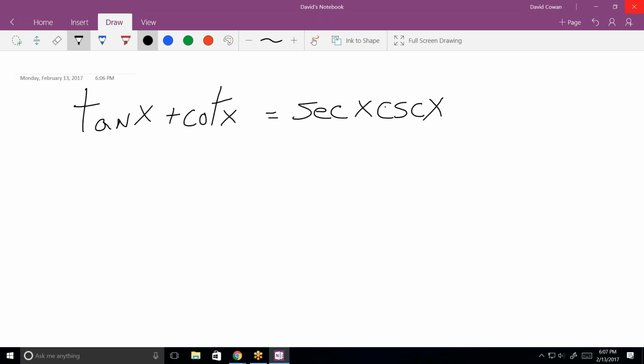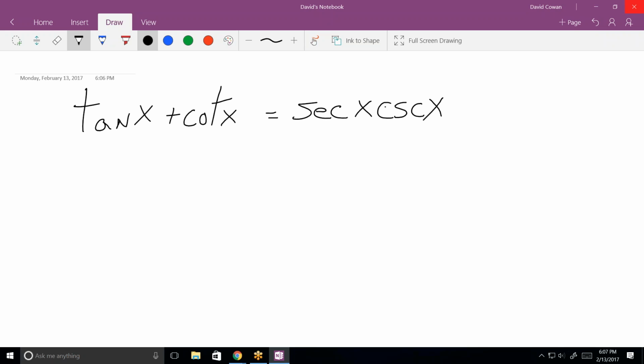If we take the left side and turn it into sines and cosines, they give you a set of rules for what you can do when you're verifying trig identities. They're not algebra equations. Well, they are, but you're not allowed to do some of the things you can do with algebra equations.